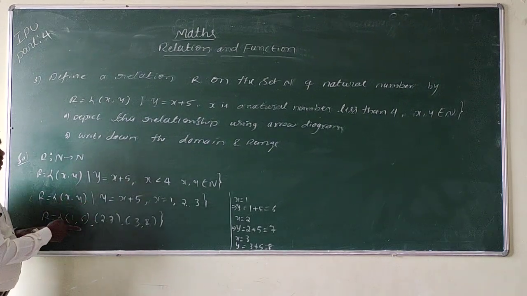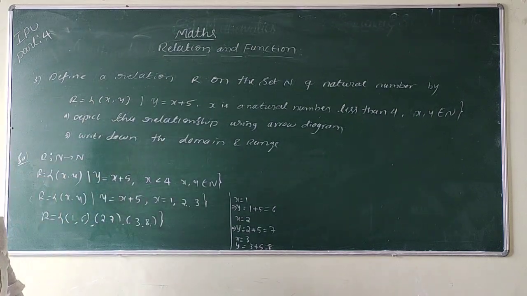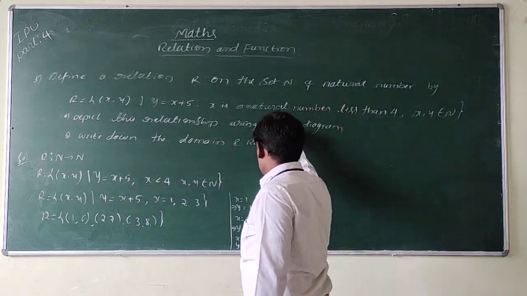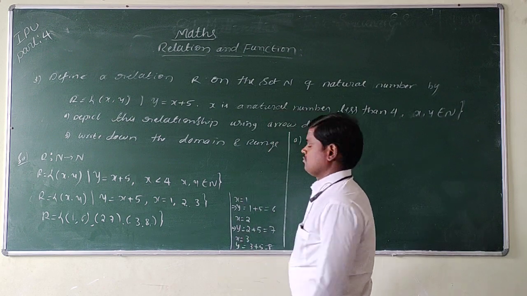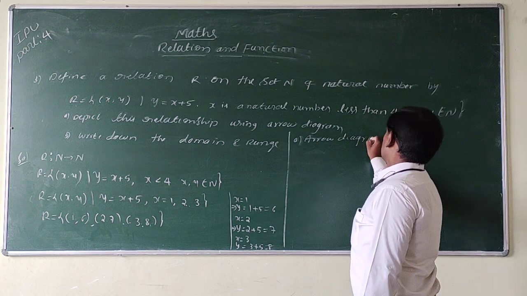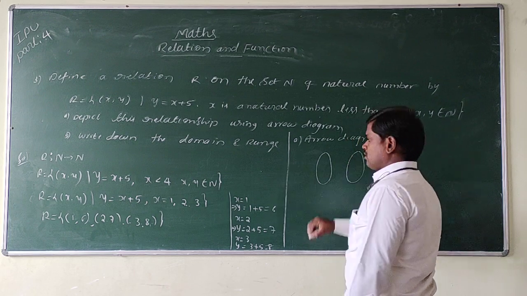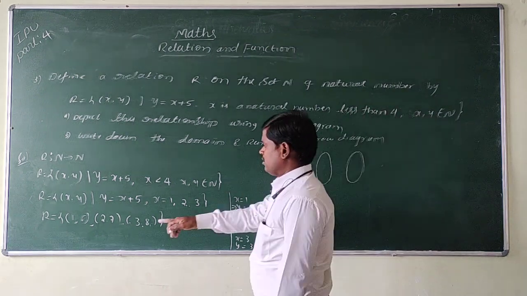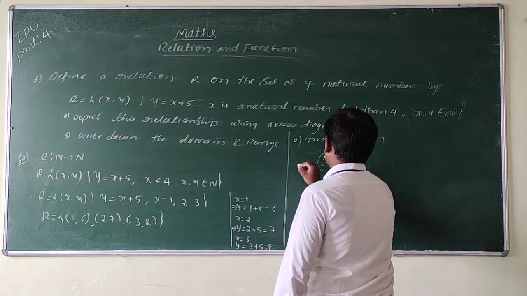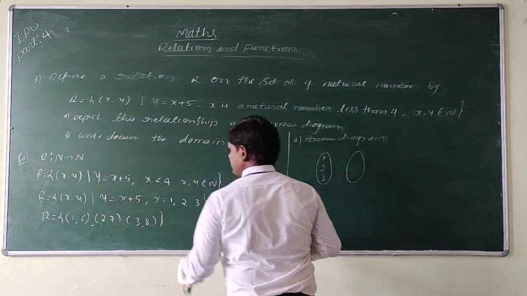So we go to the first question: depict this relation using an arrow diagram. That means we represent this relation visually, as an arrow diagram. The set of first elements is 1, 2, 3, and the second elements of the relation are 6, 7, 8.